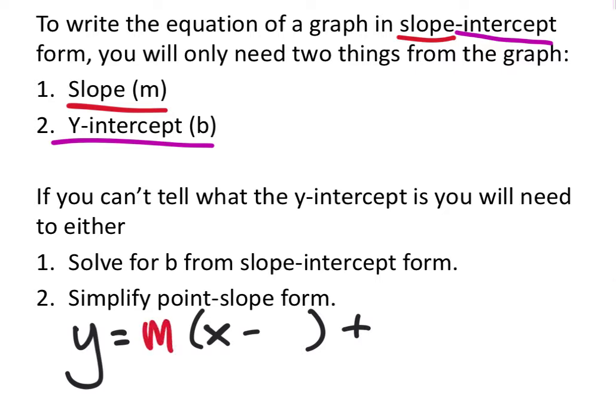M still stands for slope, but you wouldn't use the y-intercept to write this equation because if you did, you'd just write it in slope-intercept form. You'd have to find some other point on the graph, and then you'd use the x value there and then the y value there. Again, you don't have to memorize this right now. Plus, I got it on a poster. But just know that this stuff is going to be coming here in a couple lessons, okay?